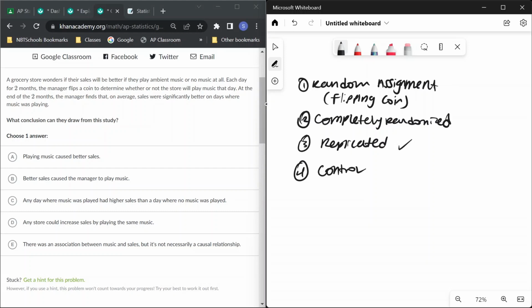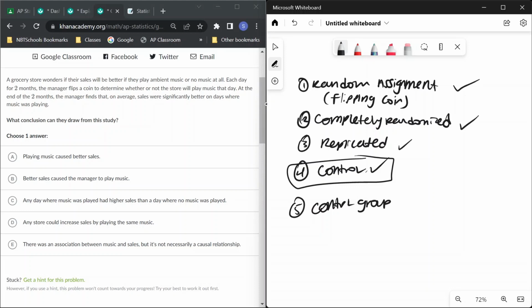Control. I don't think there's any other... There can definitely be better control, but this is a very lenient condition, because all designs are fine. And then, what was the other one? Random assignment, control group.